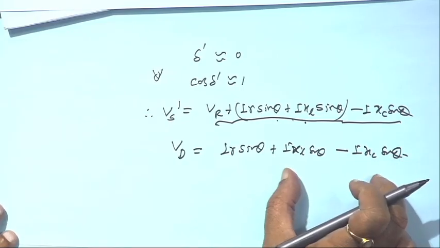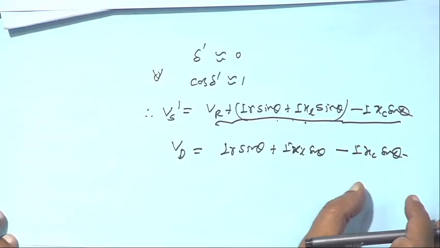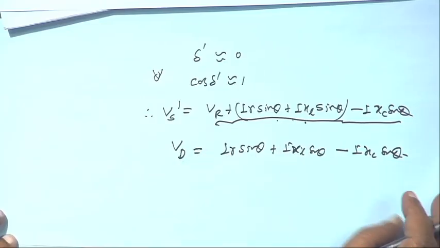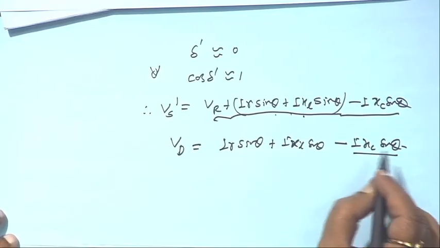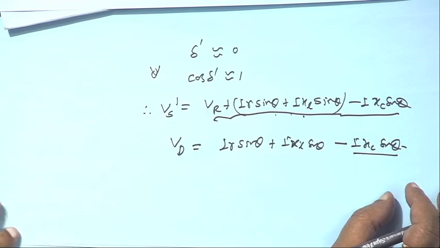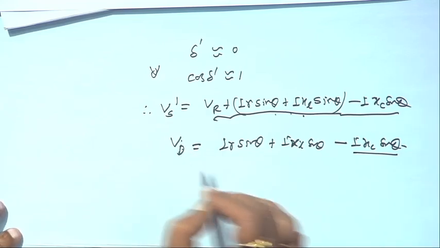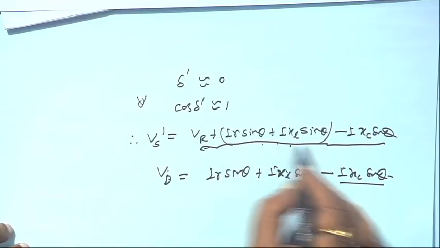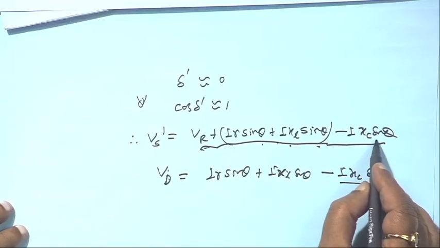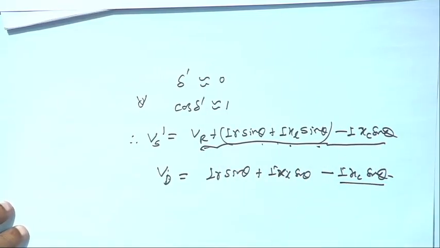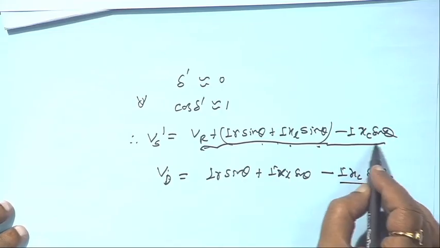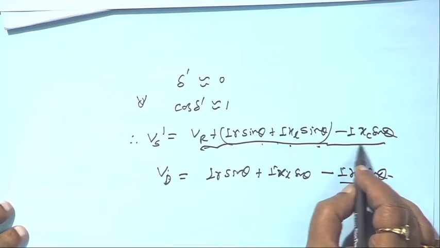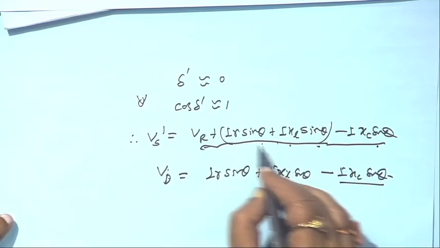This voltage drop reduction is equivalent to a voltage rise, right, because this much drop means this much voltage rise. So, this is your voltage drop equation. V s dash is equal to this one, whereas without the series capacitor, this much extra drop of I X C sin theta is there, and it is subtracting from this one.